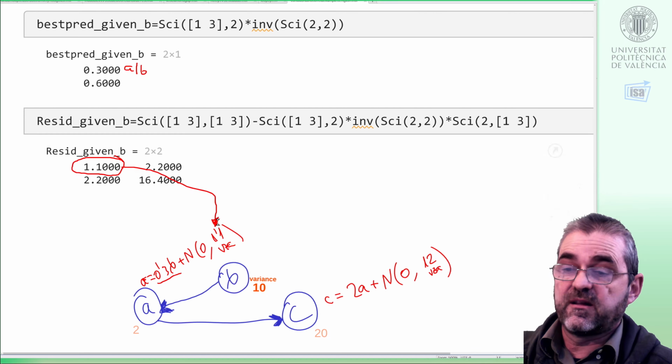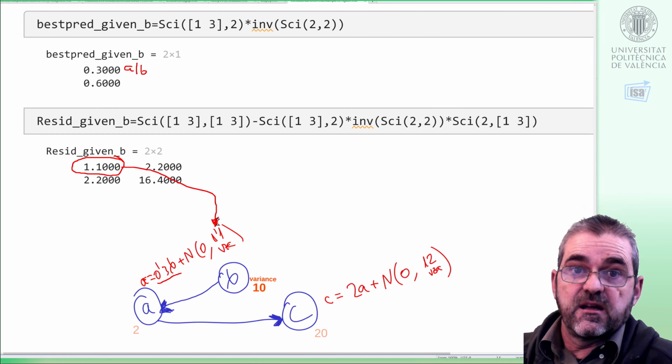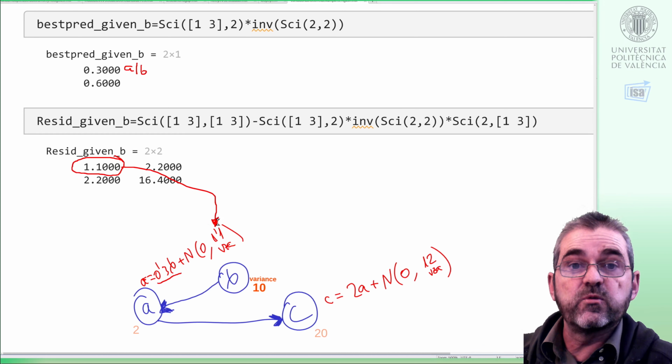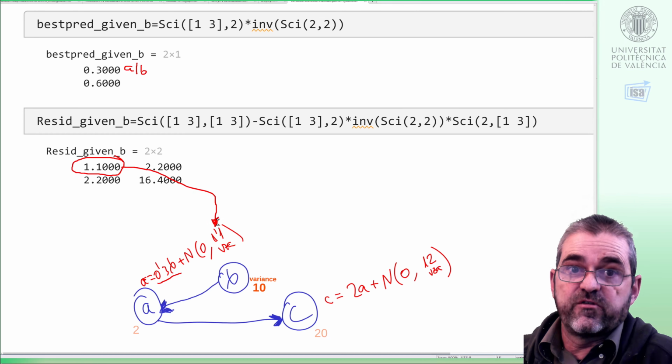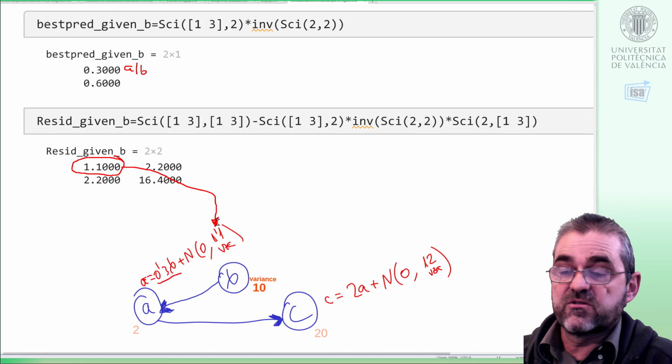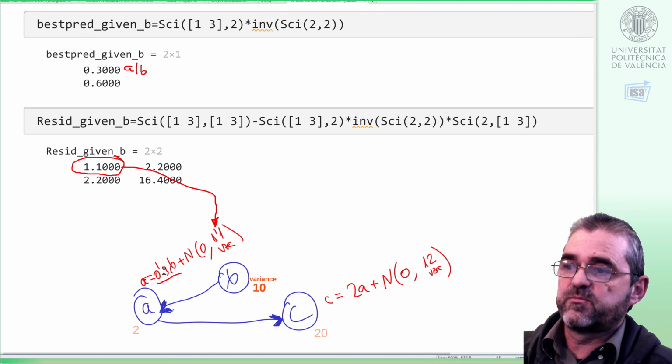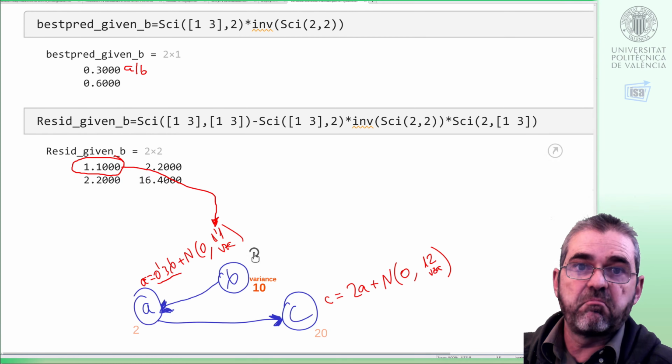This stuff can be modeled as, let's say, an additive noise of 1.1 variance. Of course, maybe the true life physics is not this linear relationship, but okay. As we are discussing making linear predictions, the best linear prediction of a given b is 0.3b, and it will be wrong with this variance, period.